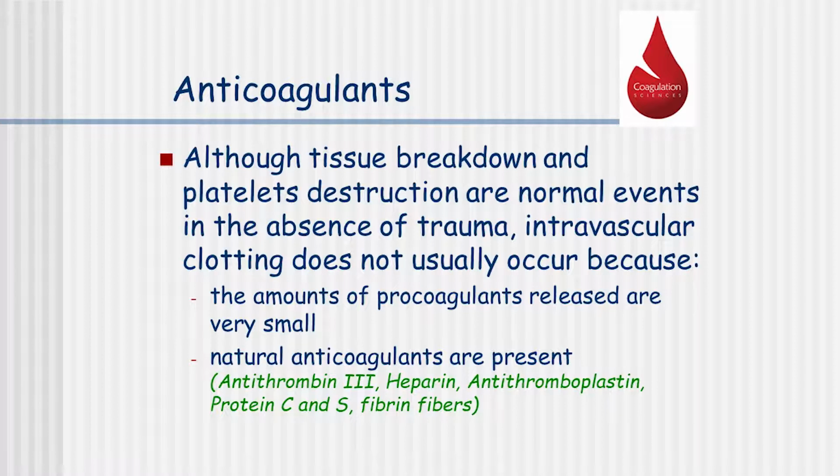When the blood is too thick, it will begin to form clots. So the body's own natural way of dissolving the clots is with the help of heparin produced by the blood in the body. Antithrombin, antithromboplastin, they dissolve the clots.